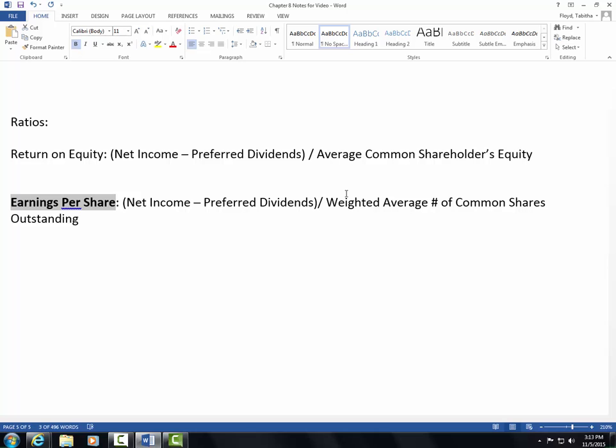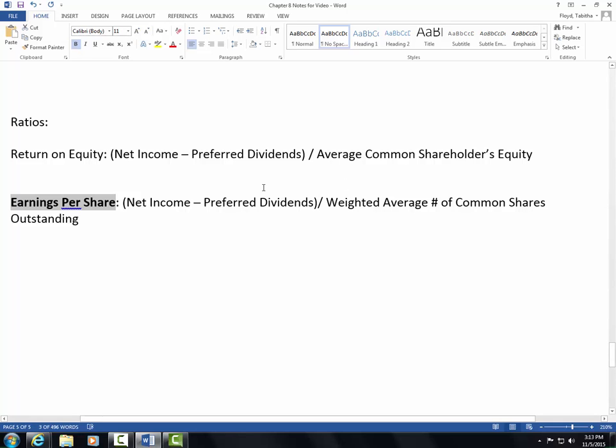So it's a weighted average. We had to use weighted averages when we were using the weighted average inventory method, so you should remember how to calculate it. That looks at the number of shares outstanding and how long that number of shares was outstanding.